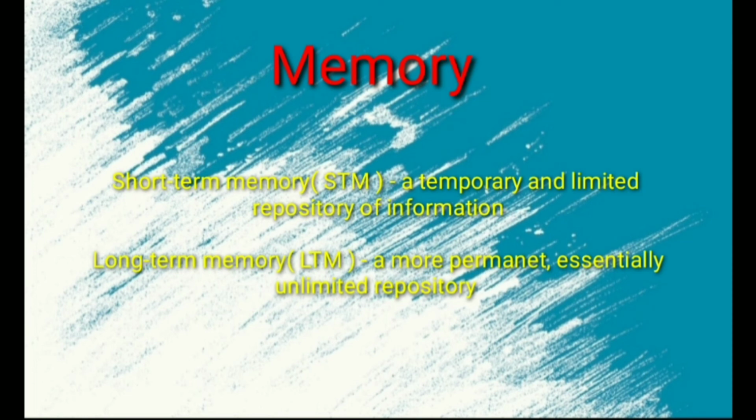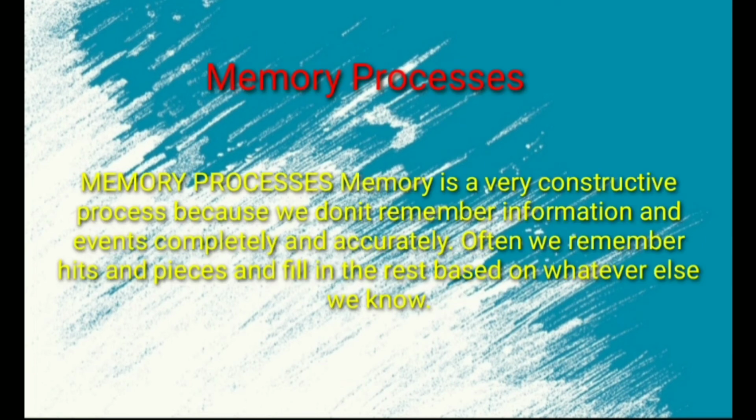All the information and experience we encounter as we go through life can end up in our long-term memory. Memory process. Memory is a very constructive process because we don't remember information and events completely and accurately. Often, we remember bits and pieces and fill in the rest based on whatever else we know.